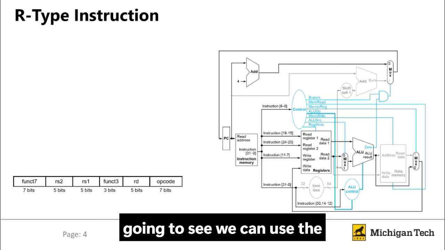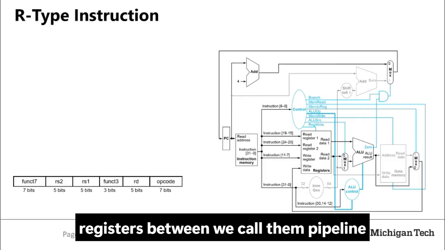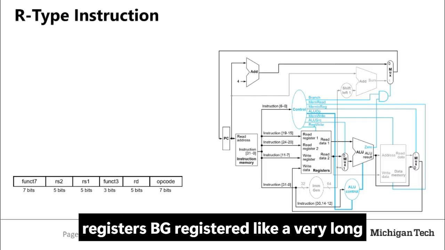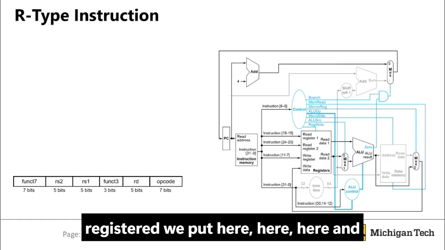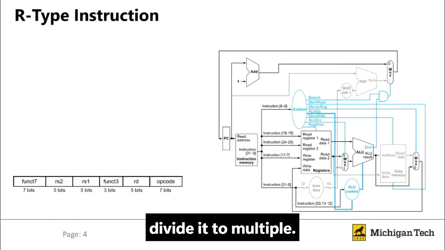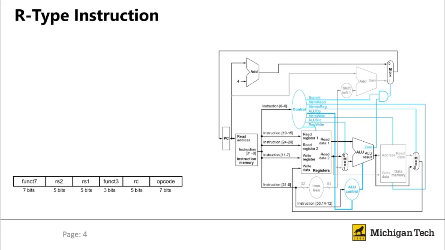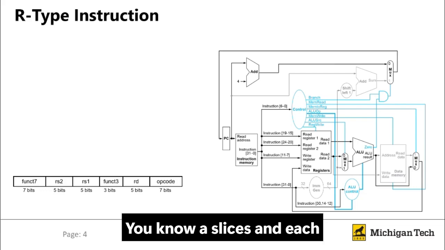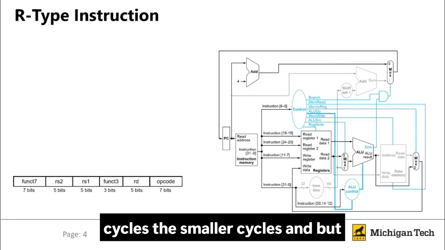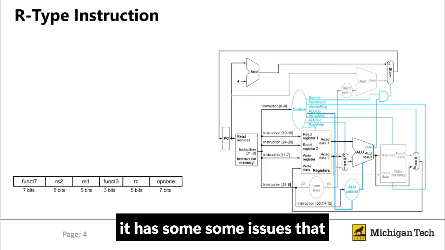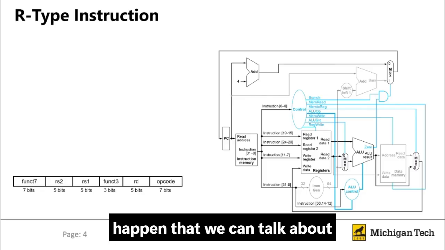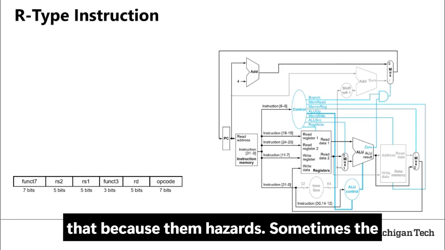We can use registers in between, which we call pipeline registers, like a very long register we put here, here, and here, dividing it into multiple slices, and each slice can run in a different, smaller cycle. But it has some issues that we call hazards.